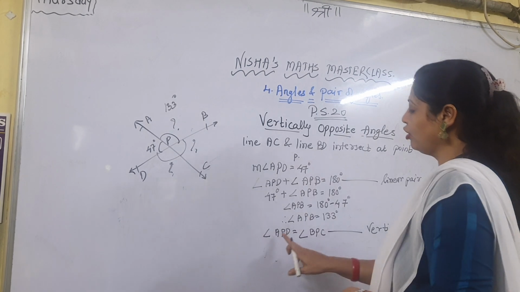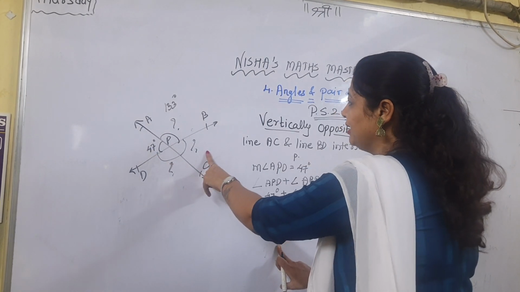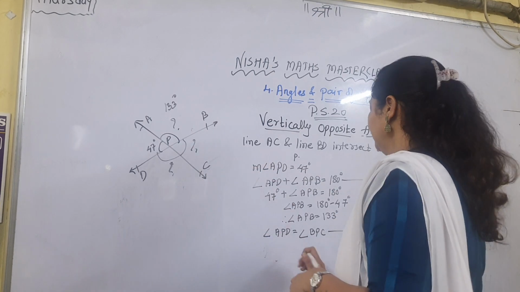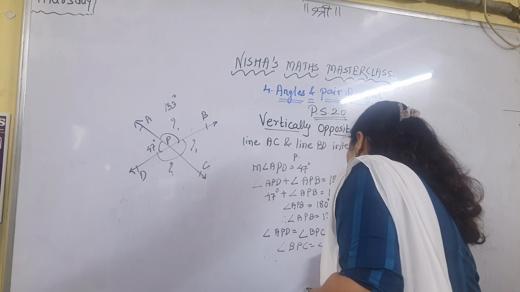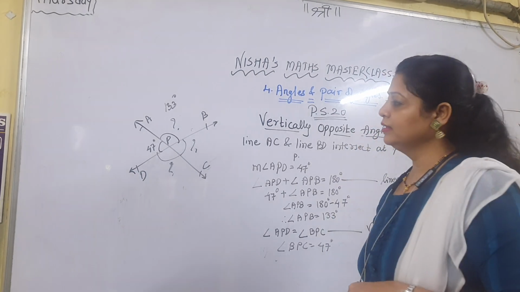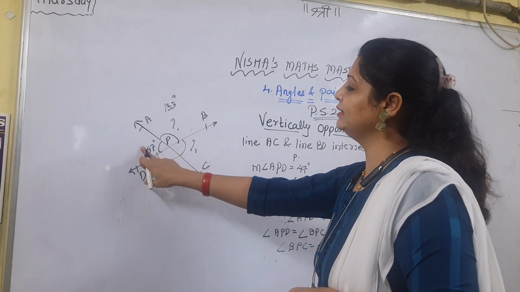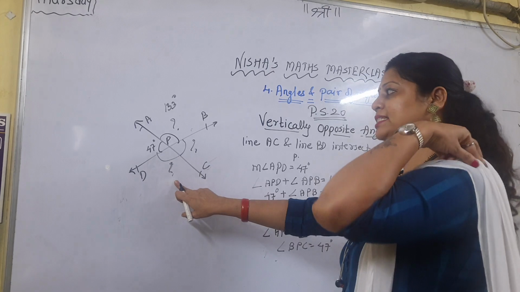So whatever the measure of angle APD, the same measurement is there for BPC. So angle BPC is 47 degree. Understand? Now we get this one and this also we already have. So now this is remaining.